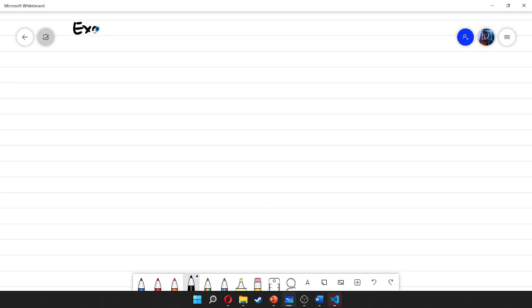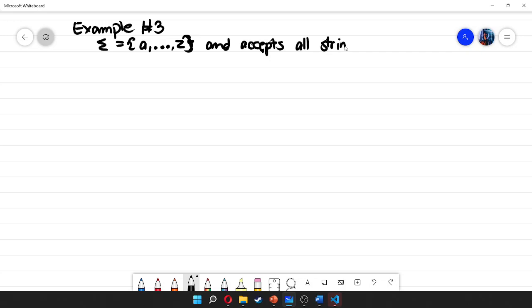Example number 3. Sigma kay A padulong sa Z, and accepts all strings in it.